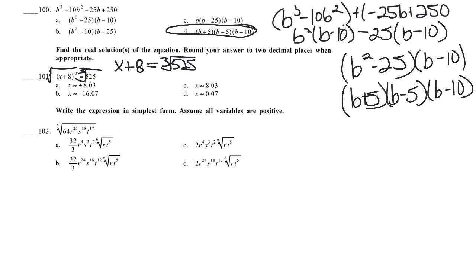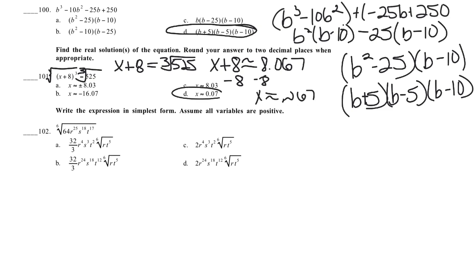The cube root is above your caret button. 525, so I get x plus 8 is approximately 8.067. Subtract 8. x is approximately 0.067. Rounded to 2 decimal places is 0.07.